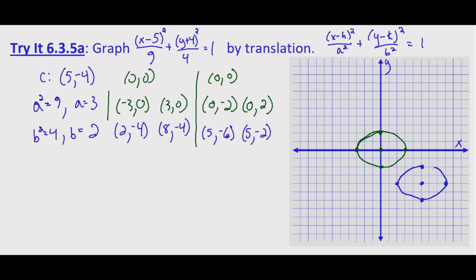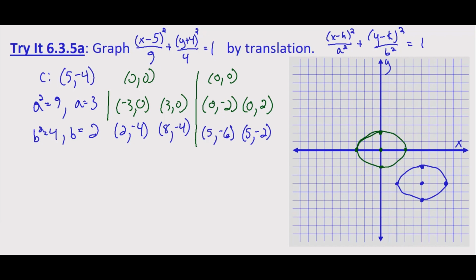We took our ellipse where a squared is 9 and b squared is 4, centered at the origin, and we moved it 5 to the right and 4 down in order to get the graph of (x minus 5) squared over 9 plus (y plus 4) squared over 4 equals 1.